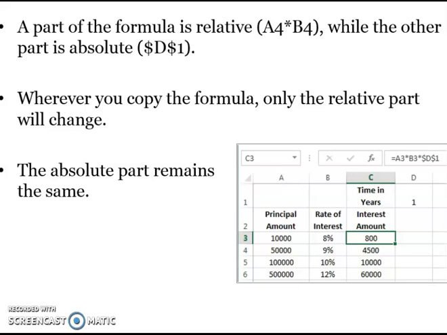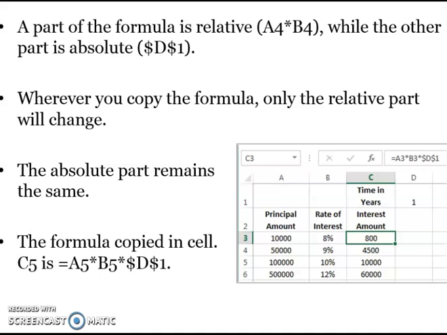I am selecting the cell C, and it remains the same till C5, where the formula is copied. In C5, these references are changed, but the column D reference cannot be changed. This will be the same. Other A and B values will be changed.